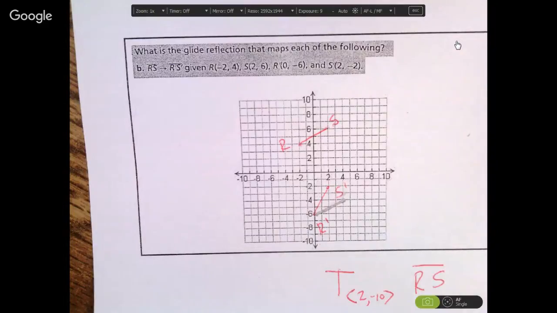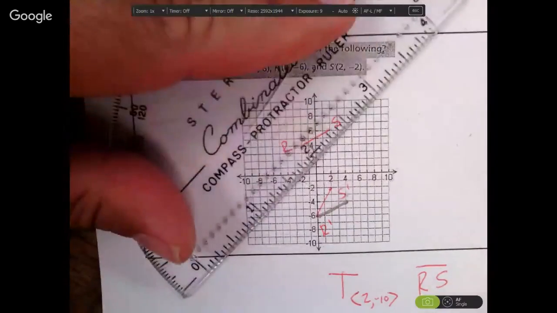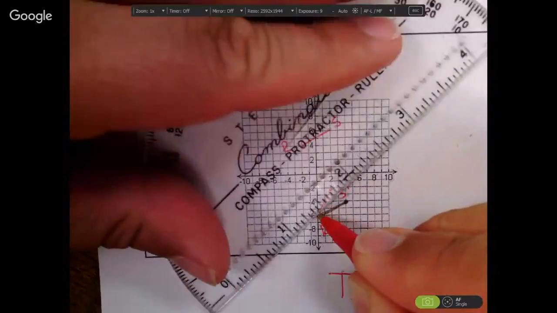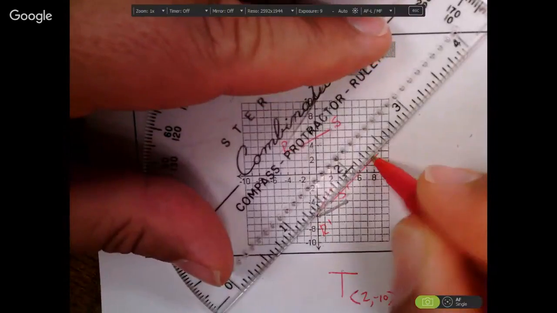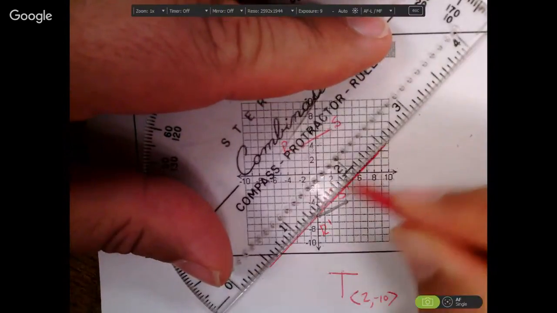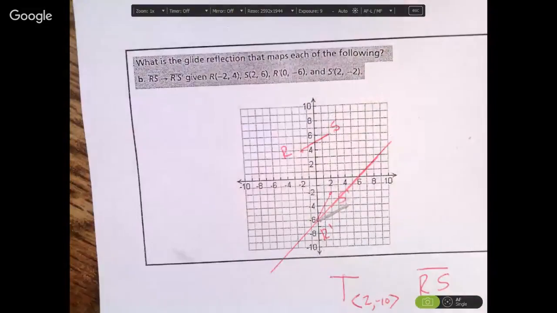This is where I would want a straight edge and put it on here so that it would be exactly in between those points. That's where I would want to reflect. It's right in the middle.